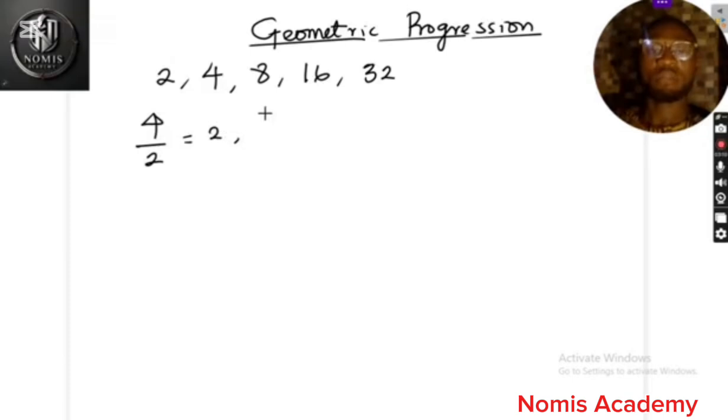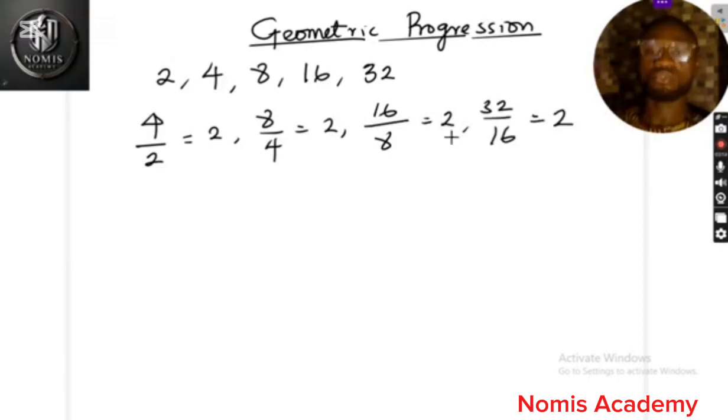What about 8 divided by 4? We have 2. What about 16 divided by 8? Still 2. What about 32 divided by 16? Still 2. So this 2 is gotten by a ratio.